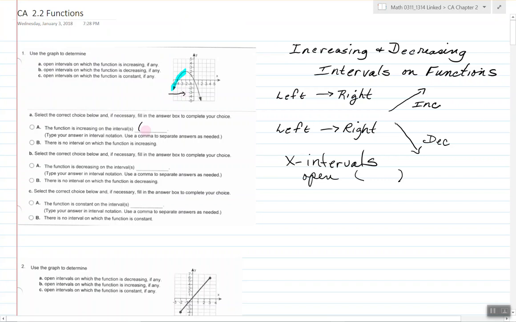That will be from negative infinity till, okay, what is the x value of the point where it changes, which is right up here at the top, and that looks like it is negative 2. So from negative infinity to negative 2, it was rising.